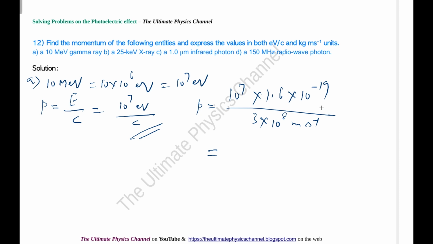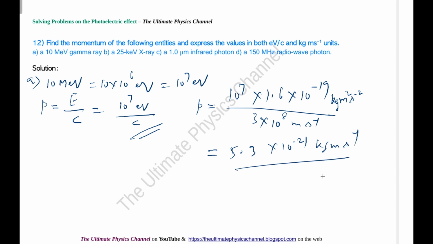Of course, here joule units is nothing but kilogram meter square per second square. So that if you do, you will get kg meters per second as the momentum units finally. If you do the relevant math, you would get finally the number as 5.3 into 10 power minus 21 kg meters per second.